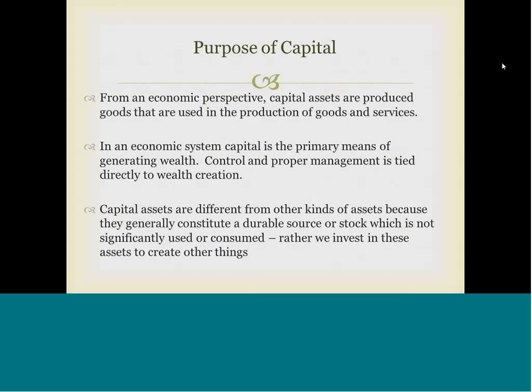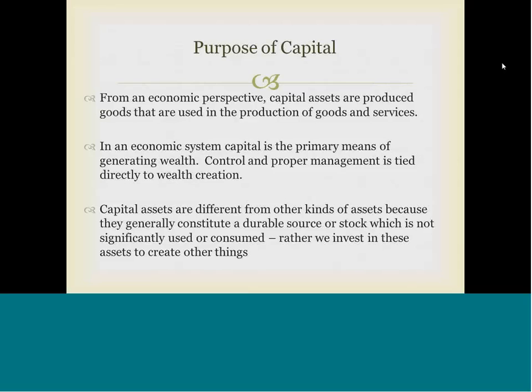So from an economic perspective, capital assets are produced goods that are used in the production of goods and services. In an economic system, capital is the primary means of generating wealth. Control and proper management of capital is tied directly to wealth creation. Capital assets are different from other kinds of assets because they generally constitute what we call a durable source or stock, which is not significantly used or consumed.